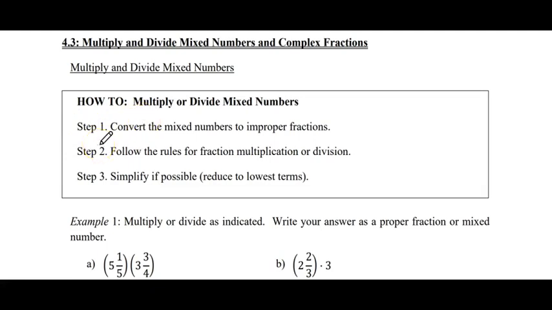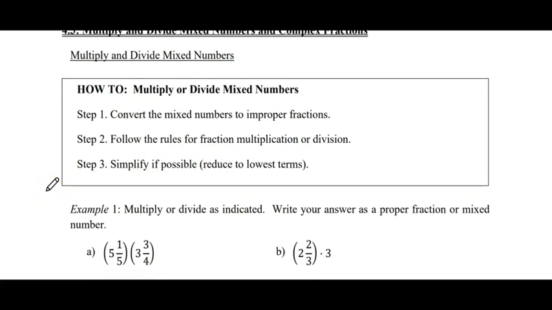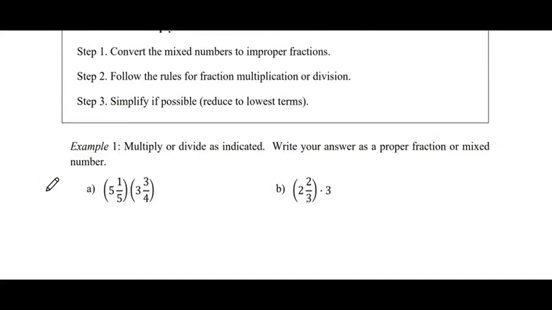Step number 2, we're going to follow the rules for fraction multiplication or division. And once we solve the multiplication or division, in step 3, we're going to double check our answer and simplify if possible, meaning we're going to double check if we can reduce our fraction to lowest terms. So those are the 3 easy steps.